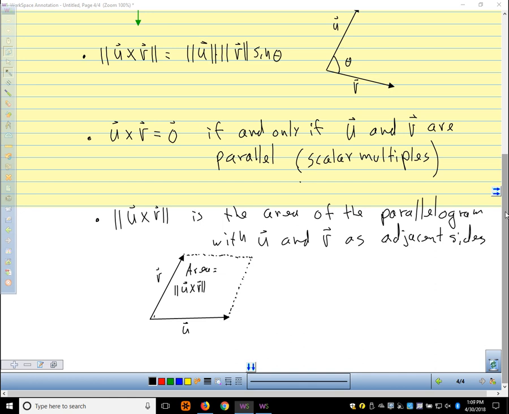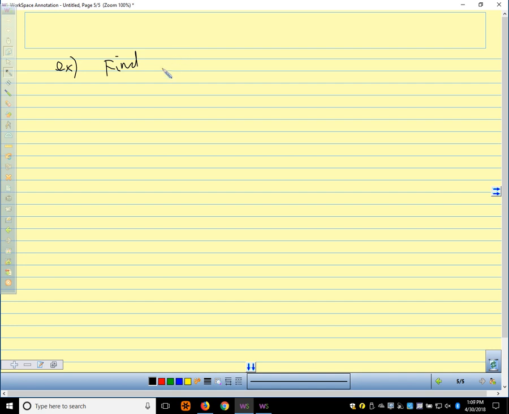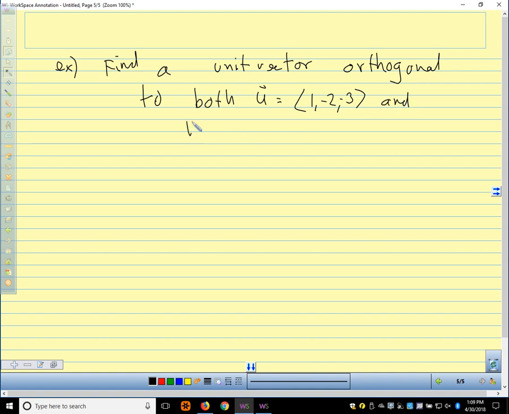All right, let me look at an example. A very typical kind of problem you have to do with cross products is: find a unit vector orthogonal to both u equals 1, -2, -3, and v is 0, 4, -5.